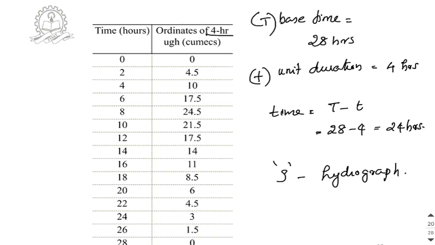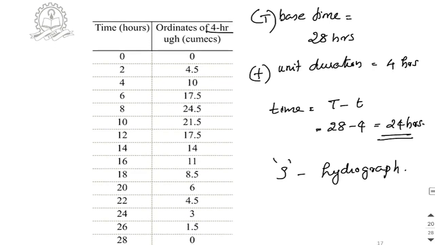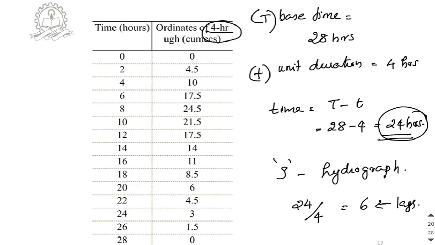Here the discharge reaches a constant value at 24 hours, and the unit duration is 4 hours. So we have to consider 6 lags.